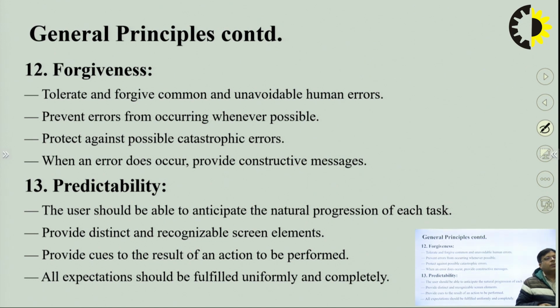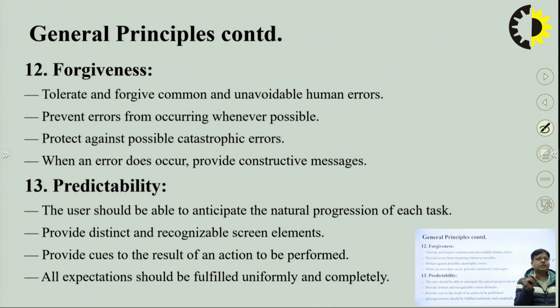And the 12th principle is forgiveness, meaning the interface should not be rigid about the user's errors, right? It should tolerate and forgive common and unavoidable human error. Suppose a user deleted some file accidentally, then there should be a chance that they may not lose their data.